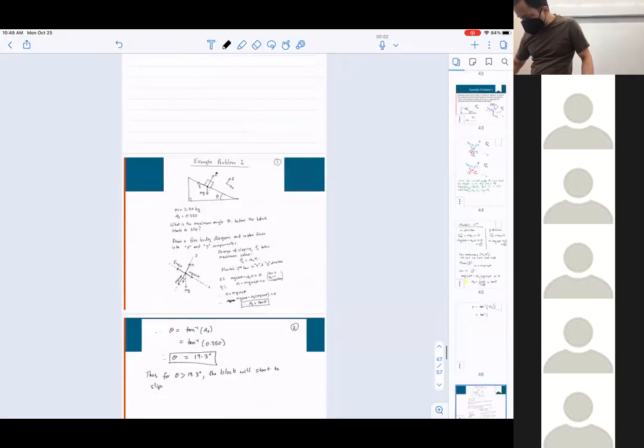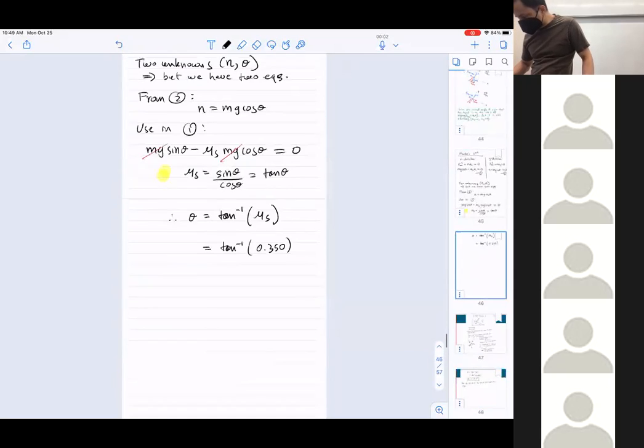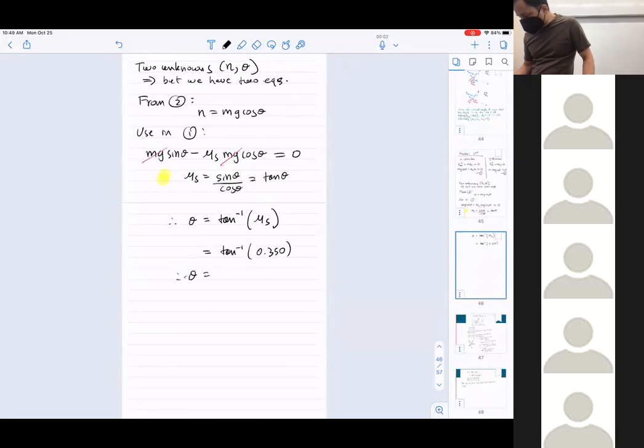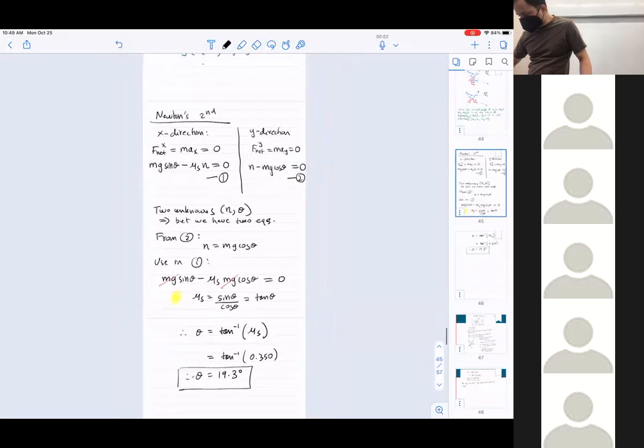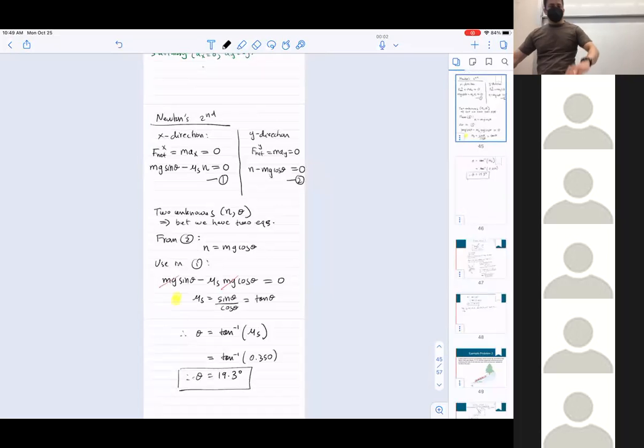And if I look at the numbers, that comes out to theta as 19.3 degrees. That is the critical angle at which the object will start to slip. Any questions on that? All right, I think I'm out of time, so let me go ahead and stop there.